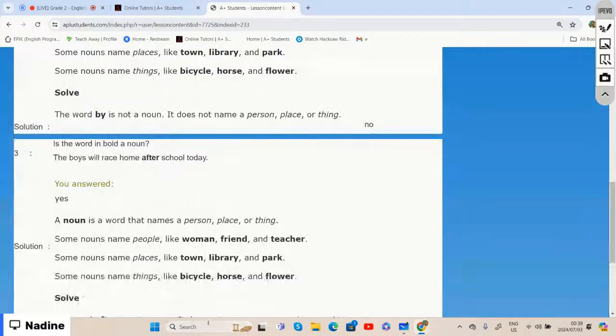Now look at the word after. It says, the boys will race home after school today. So what is after? Is it a noun?